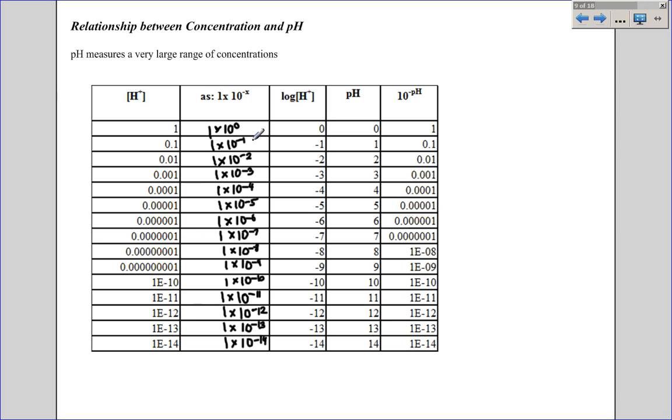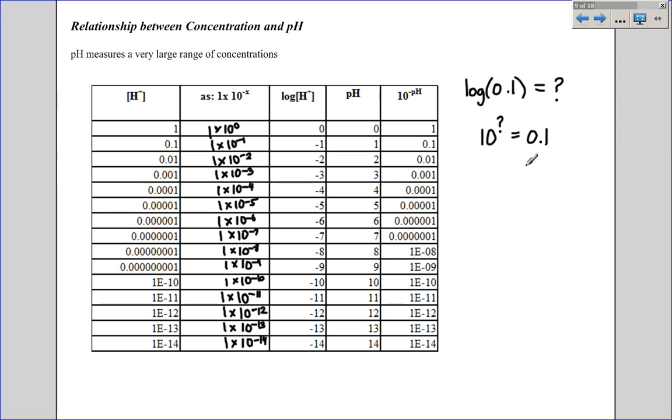Now what we're going to do is figure out what the log of our concentrations would be. Now, when you have your calculator and you enter log of a number, so if I enter log of 0.1, what I'm asking my calculator to do is to tell me 10 to the what is going to give me that number.